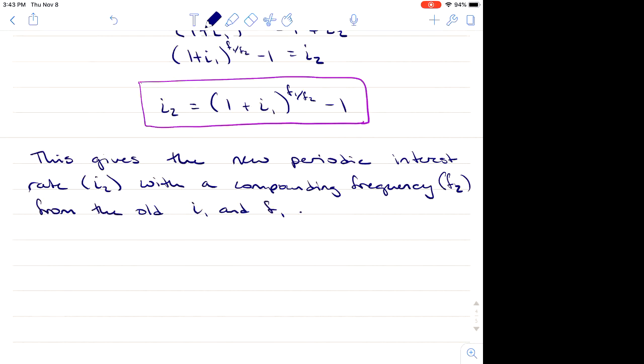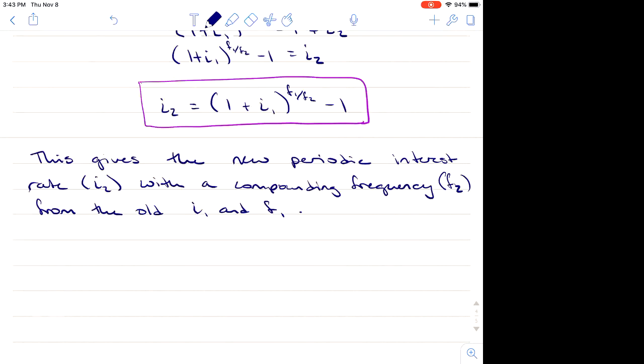So I use those subscripts to denote, okay, so I had a rate of 4% compounded quarterly, just to keep things simple. So then my I1 would be 0.01, and my F1 would be quarterly, so 4. And then if I want to move to monthly compounding, my F2 would be 12.